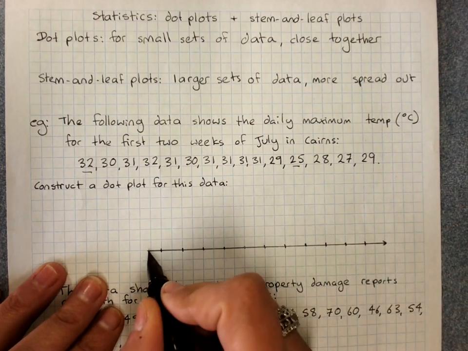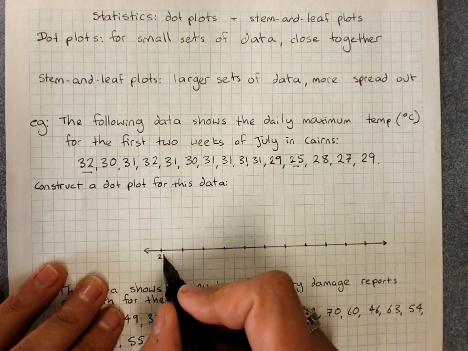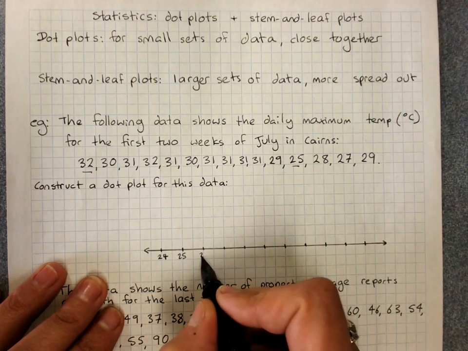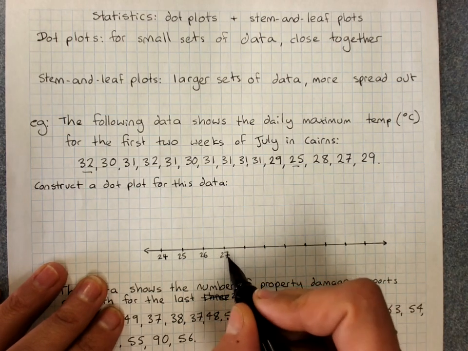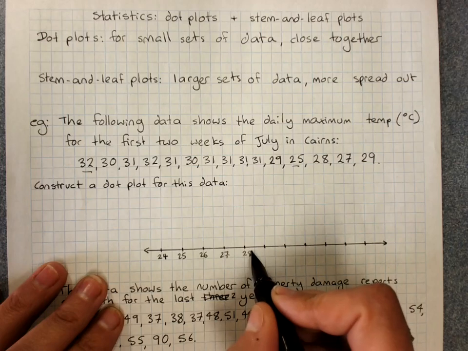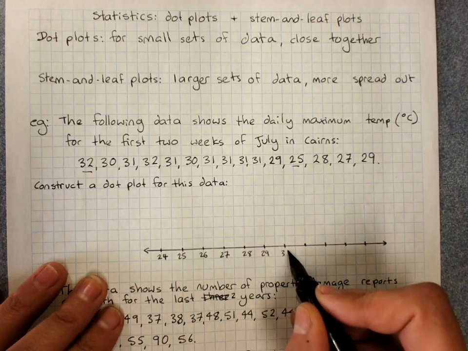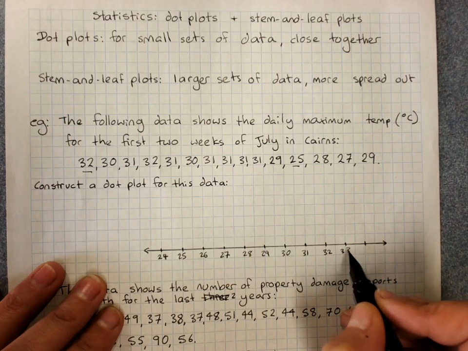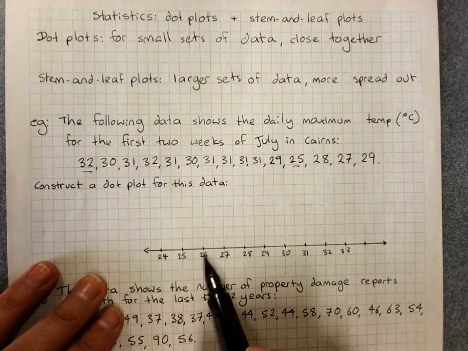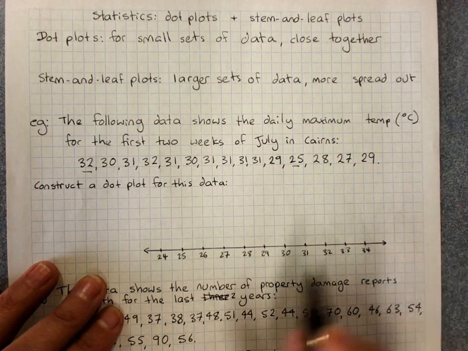And we put an arrow on either end, and we said we were going from 24 all the way up to 33. Thought I lost count for a minute there. 5, 6, 7, 8, 9. Okay, I did lose count.